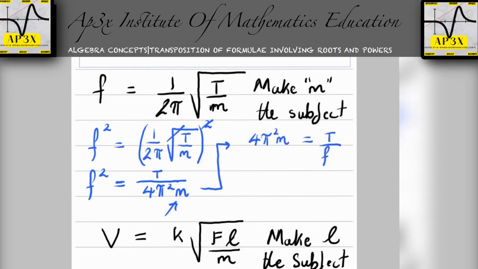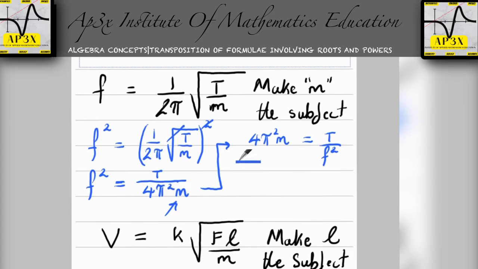So that's going to be f squared. And then we need to isolate m as our subject. So we're going to divide both sides by 4 pi squared.